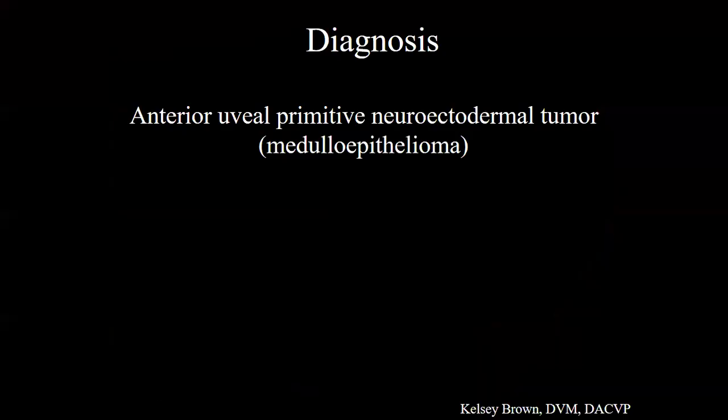So I feel like these always intimidate me a little bit because the nomenclature is complicated, especially in the human literature. There's been a lot of divergence of these terms. But to put it simply, these primitive neuroectodermal tumors, as the name implies, originate from primitive neuroectoderm, which are cells lining the inside of the optic cup during embryogenesis.